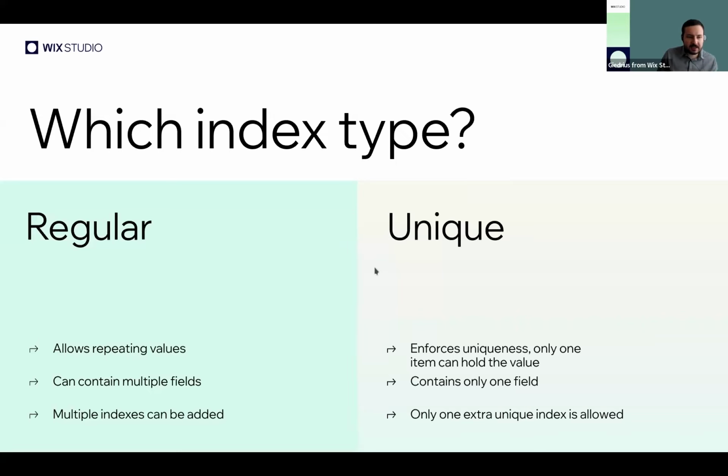Now, unique indexes have a second purpose. They will also accelerate your queries, but they are limited to only one field. And unique indexes make sure that the values in that field are unique across that collection.